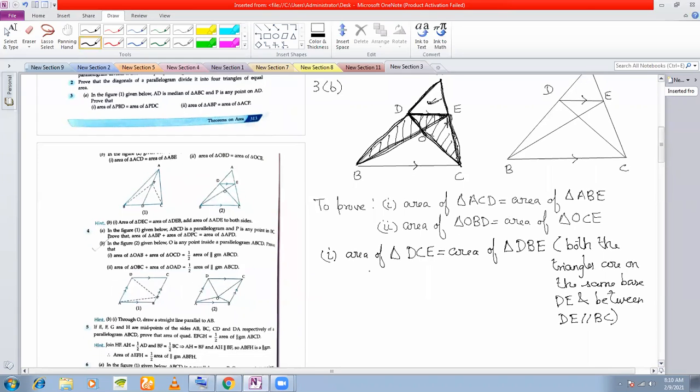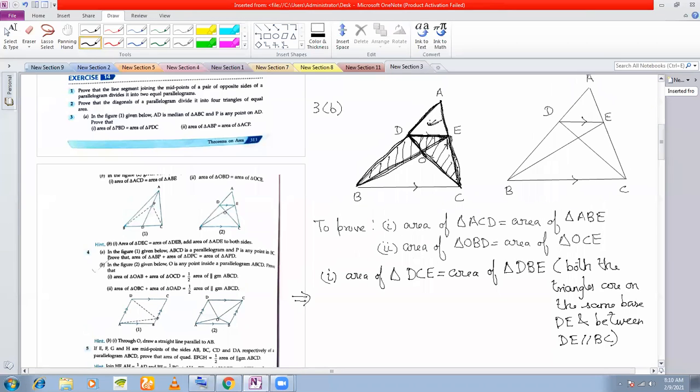Now to this equation, that is area of triangle DCE is equal to area of triangle DBE, what I do here is I add this triangle here, ADE.